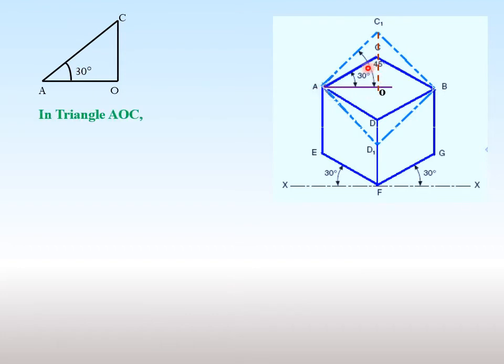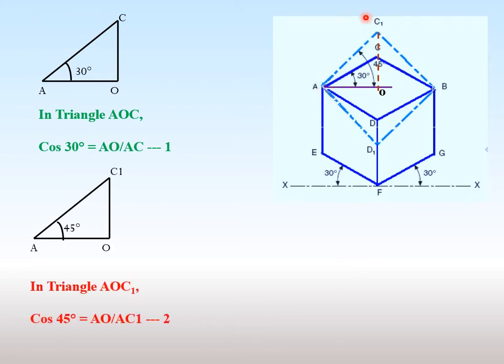We know the value of cos 30 degrees equals AO divided by AC, and we keep this as equation number 1. Then we move on to the second triangle, assumption number 2, AOC1. We know cos 45 equals AO divided by AC1.